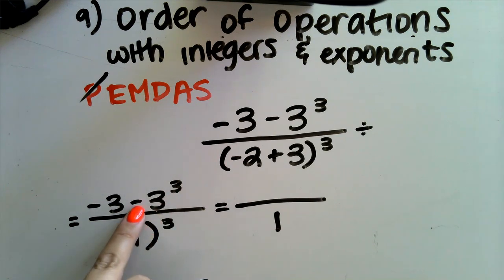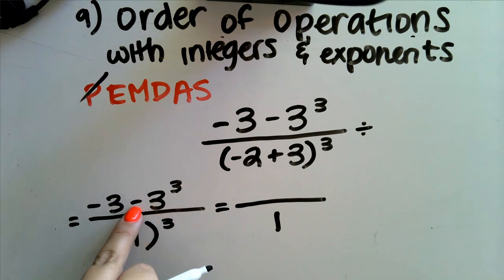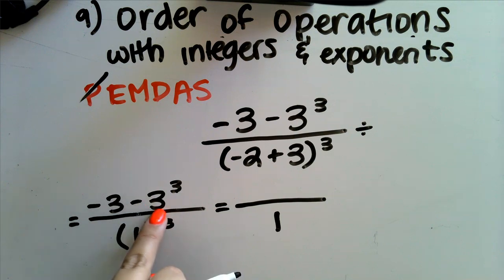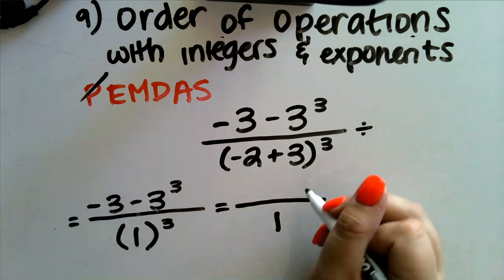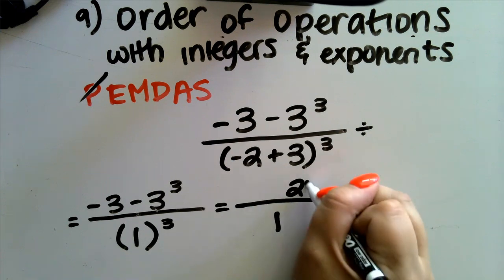Now what I want y'all to see is that we don't have any parentheses here, so I am just not going to worry about this minus sign or subtraction sign, however you want to think about it. I'm only going to pay attention to this 3 to the third first. 3 to the third power, I know that 3 times 3 is 9. 9 times 3 is 27.